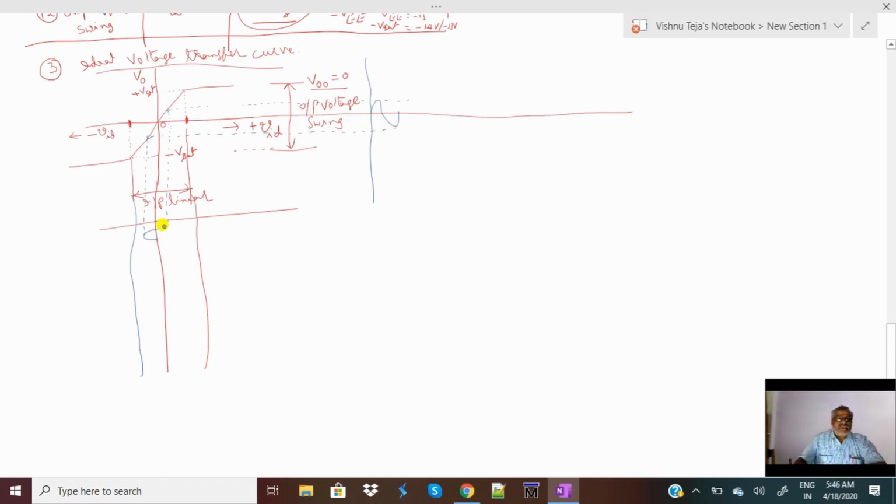The output will be a sine wave. If the input is a sine wave, the output is also a sine wave. And these are the saturation levels.